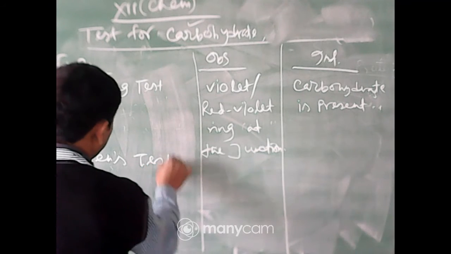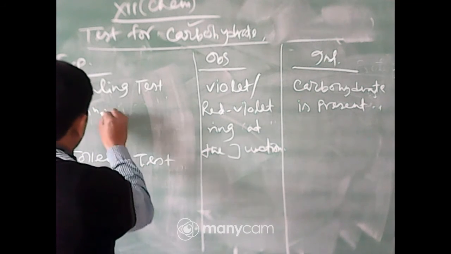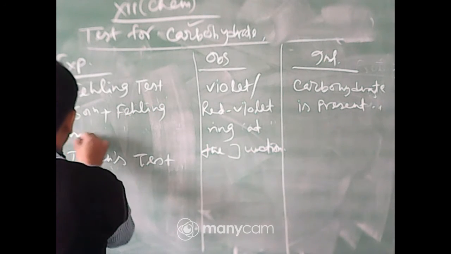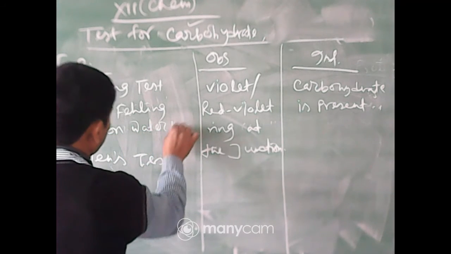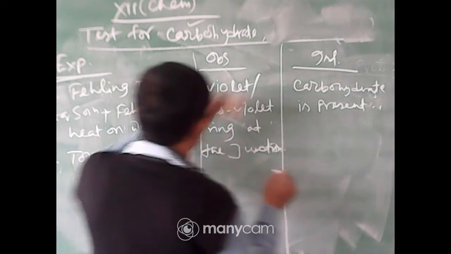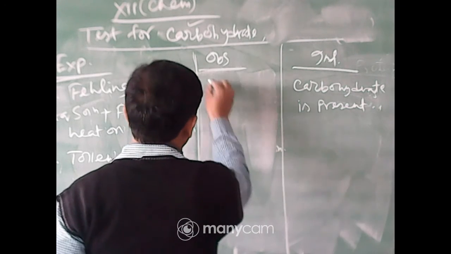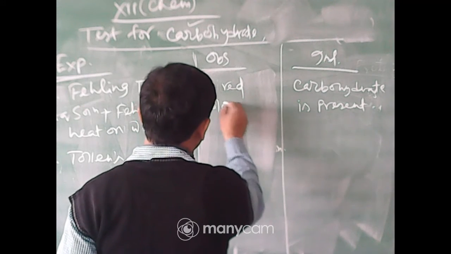Now you know it, the aqueous solution plus Fehling's solution, heat on water bath. Next one observation here, a red coloration or precipitate.